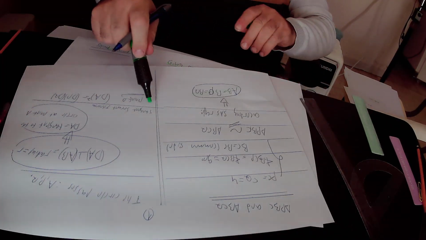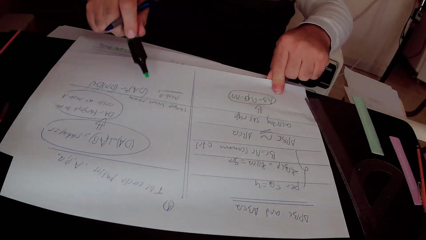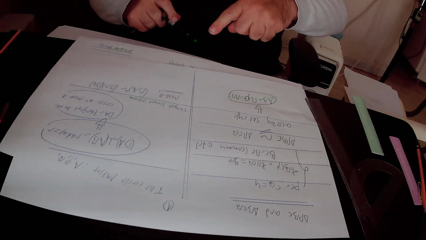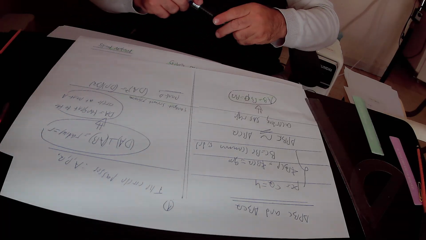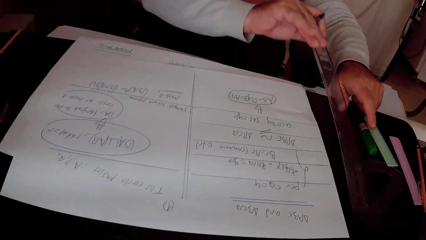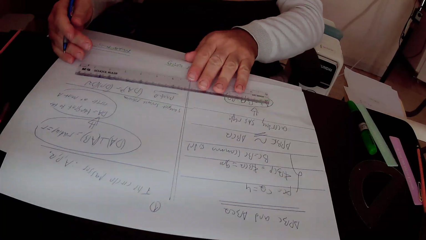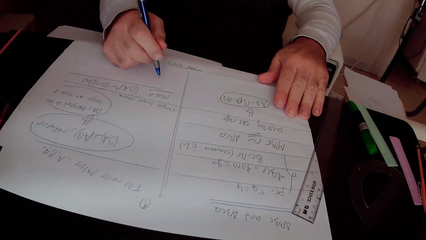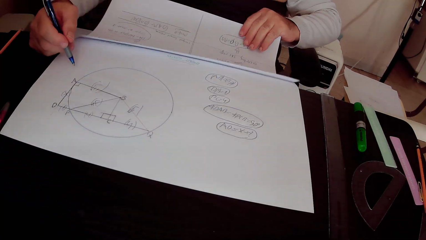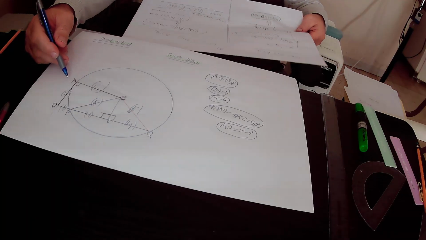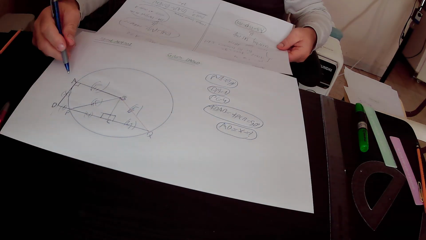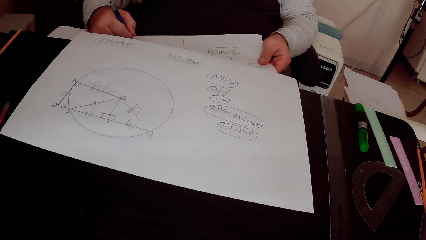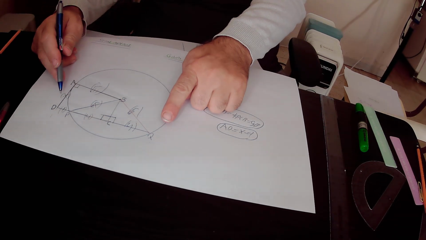Okay, again, according to the tangent secant theorem, if we focus on the common external point, point D, the following equation is true. DA squared equals DP times DQ. DA is x, therefore DA squared is x squared, and it equals DP, which is 1, times DQ.